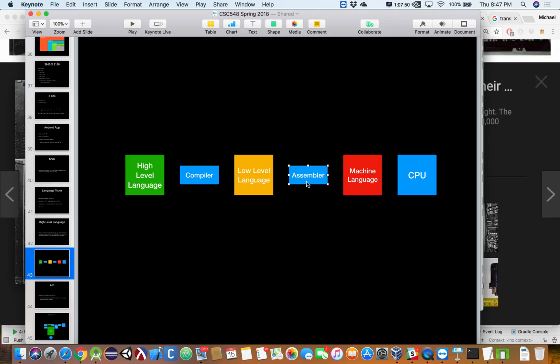Now the assembler is a much easier tool because remember, we're going from a low-level language to machine language. These have a one-to-one relationship with each other. All we're doing is we're taking some instruction in this low-level language and we're looking it up for that architecture and saying, this instruction, the move instruction, is associated with instruction 1011 on this particular architecture.